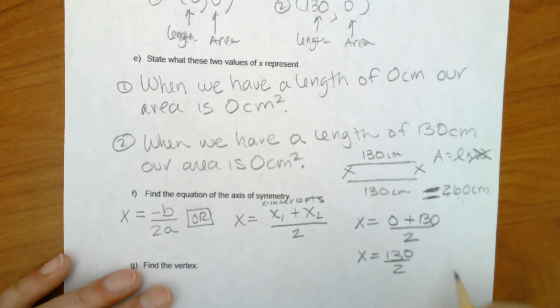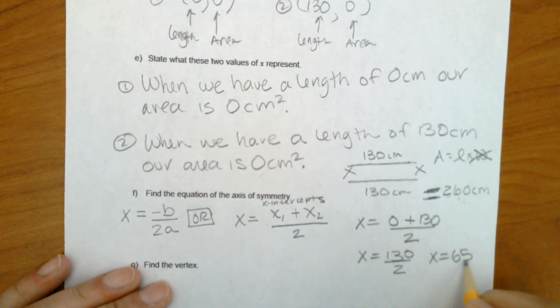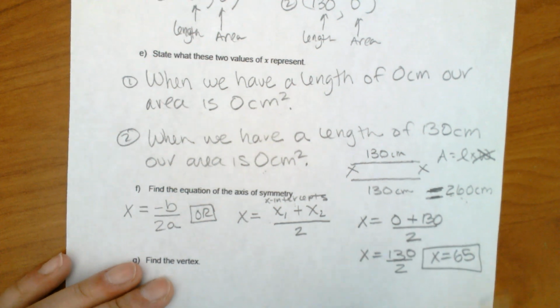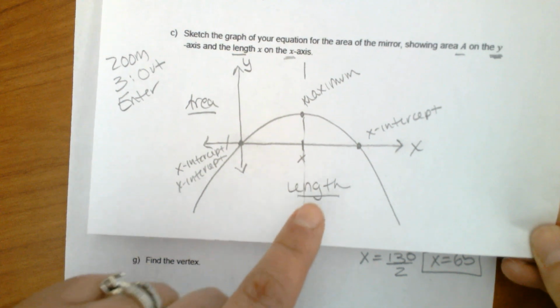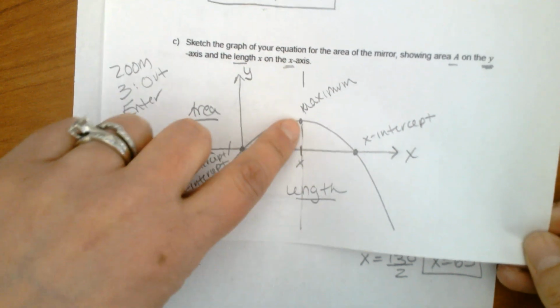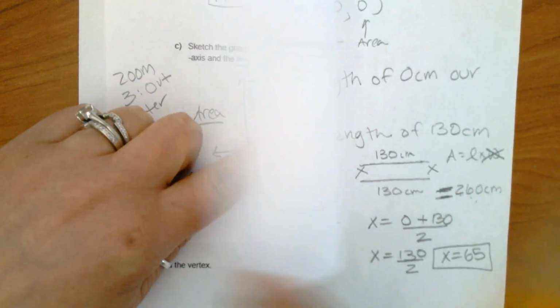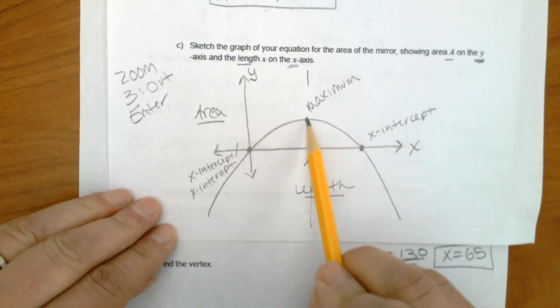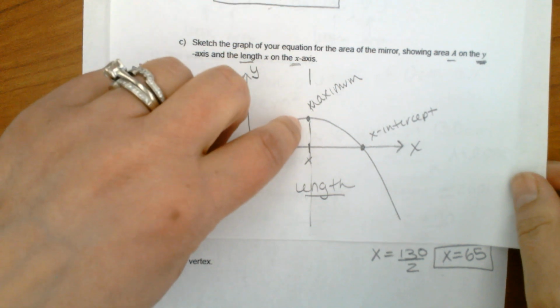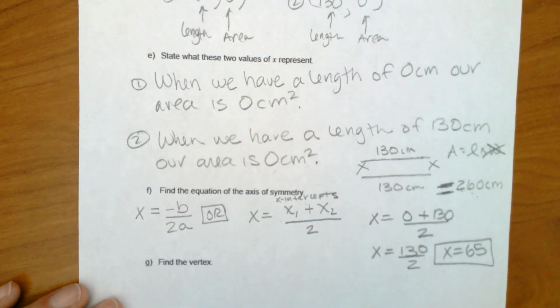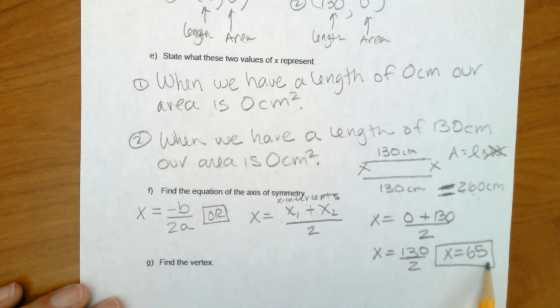So our axis of symmetry is going to be x equals 65. And remember, we have to write it like this because it's an imaginary line that cuts through the graph. If I folded this graph, this side would end up directly on that side because it's directly in the middle. That's what our axis of symmetry does. It sets up that imaginary line. So we have to write it as x equals 65.